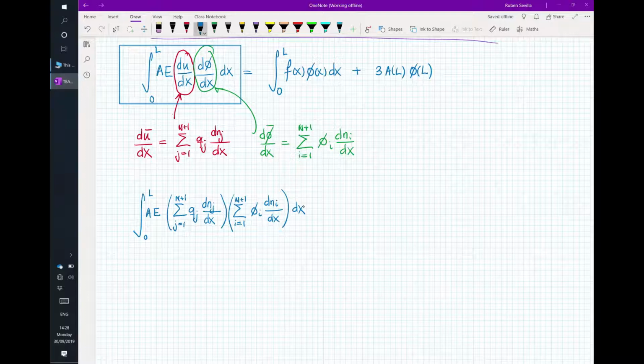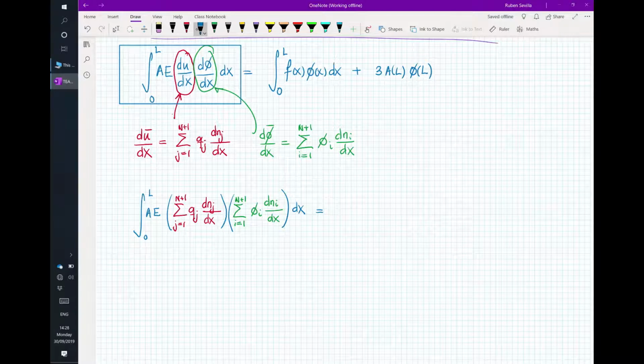But we know that the integral of a sum is the sum of integrals. So actually the summations, we can put them outside. That would be a summation of, let's see if I can do this, just to make sure that we can follow exactly where each summation is going. There you go.